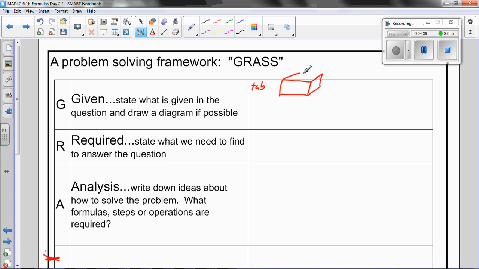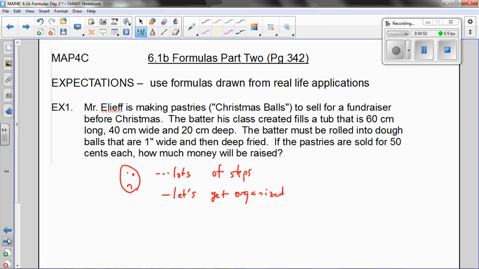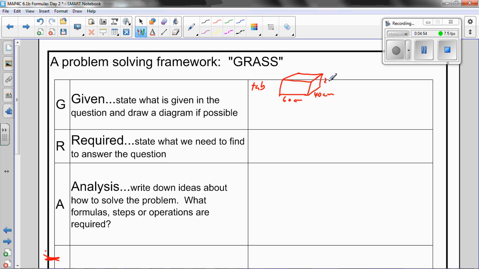And the dimensions are 60 centimeters and 40 centimeters and 20 centimeters deep, I think. Is that right? Yeah, 20 centimeters deep. And this is going to be filled with batter that we're going to make into Christmas balls. The Christmas balls are, well, they're a sphere, right?